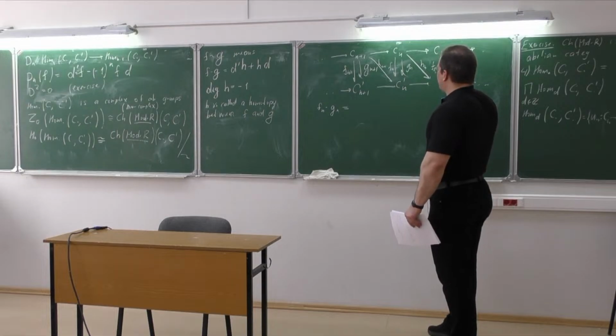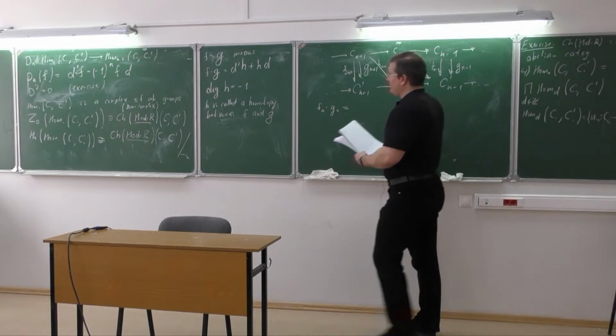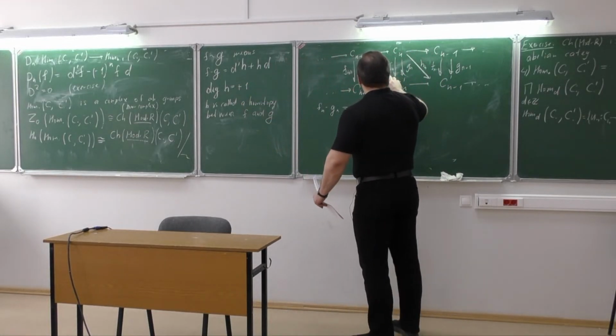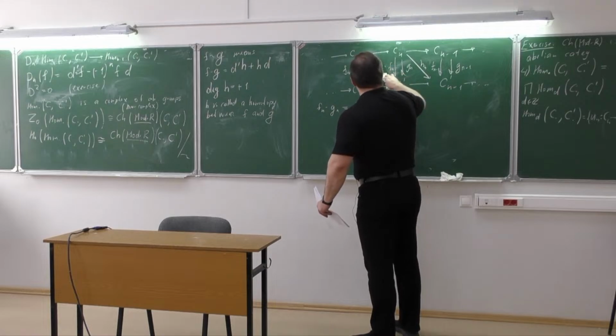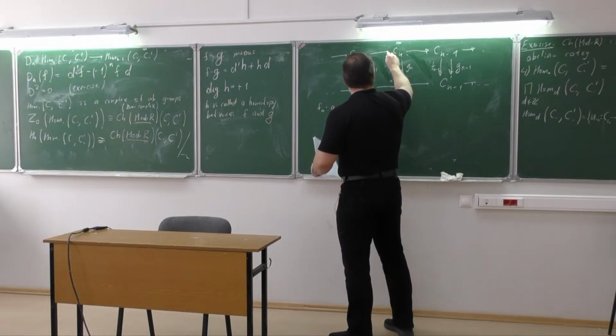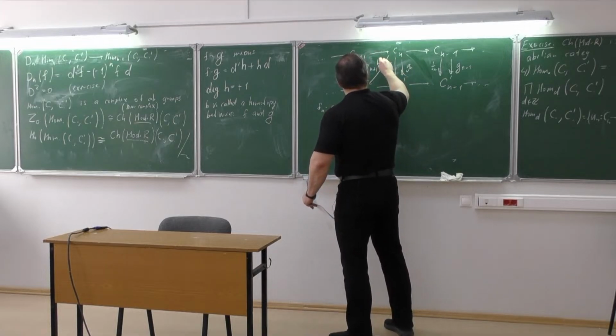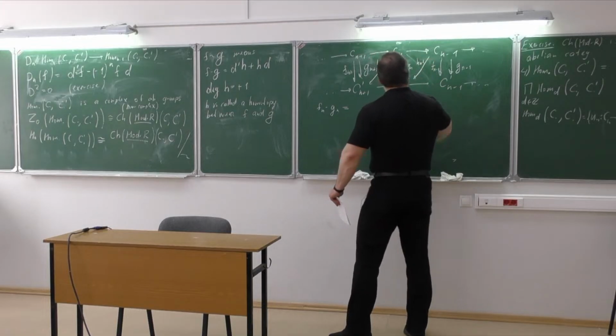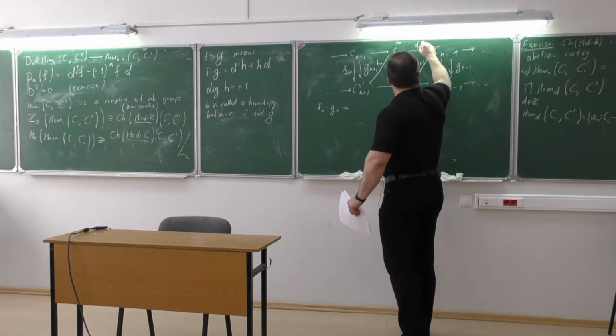Sorry, I think this has to be a plus 1. When I was thinking about this, I was thinking about cochain complexes, but for the chain complex, we need to go like this. This is Hn, and this is Hn minus 1. So differential.